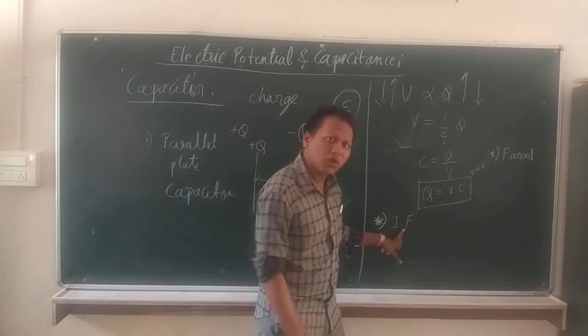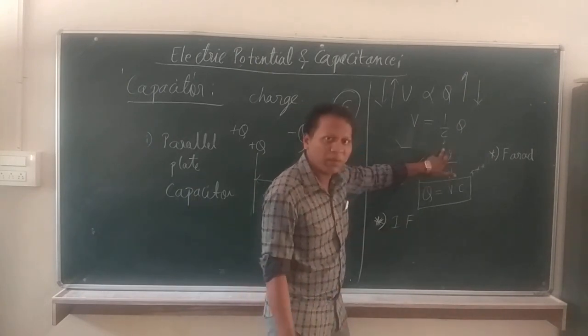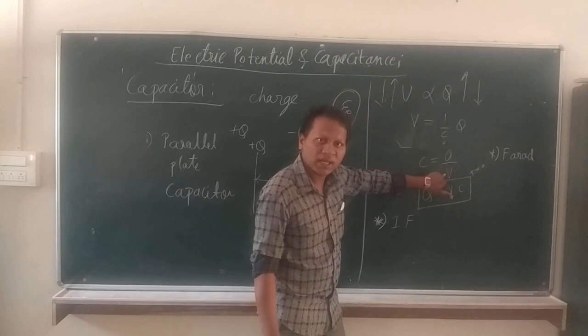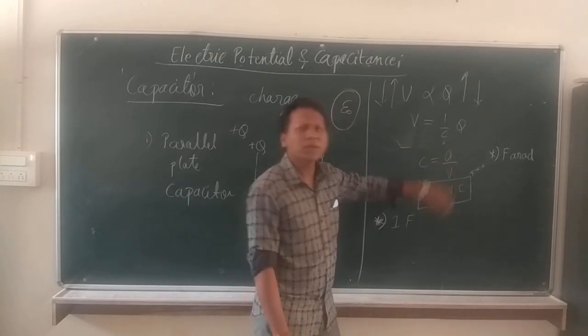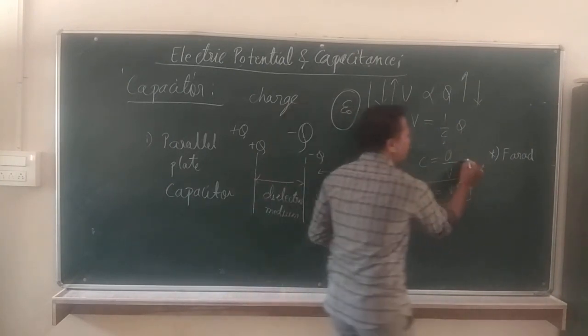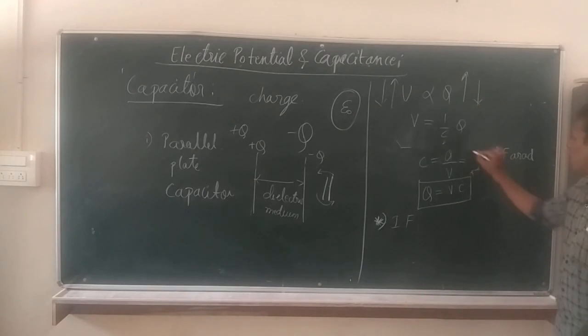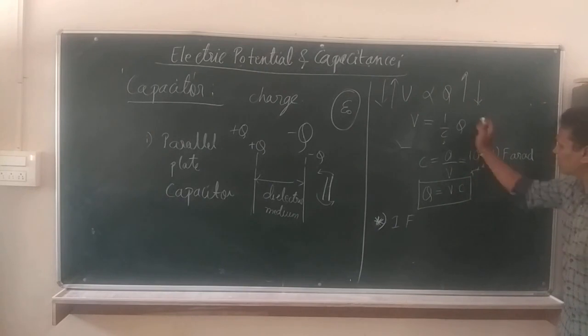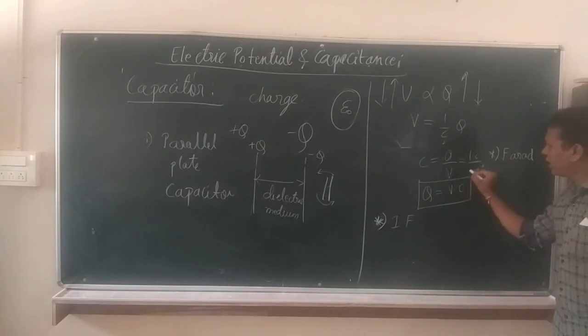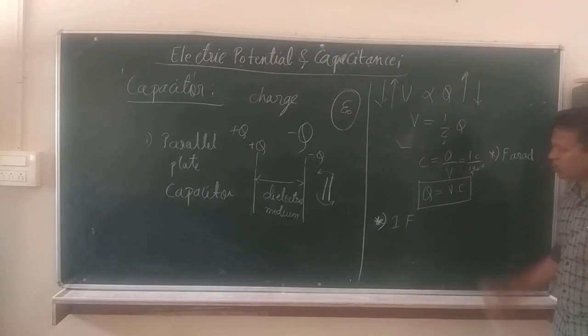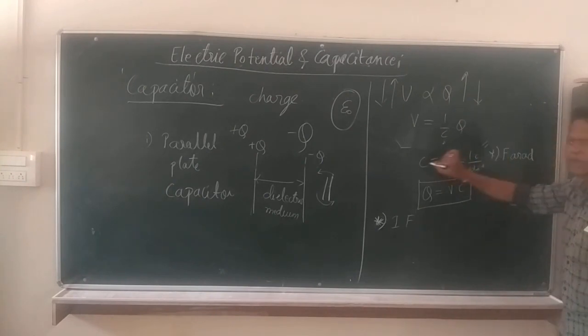What am I supposed to do? I know the charge SI unit is coulomb, and the potential SI unit is volt. The simple thing I need to do to get 1 Farad is to have 1 coulomb of charge. So I will write here 1 coulomb. I need to have 1 volt of potential.